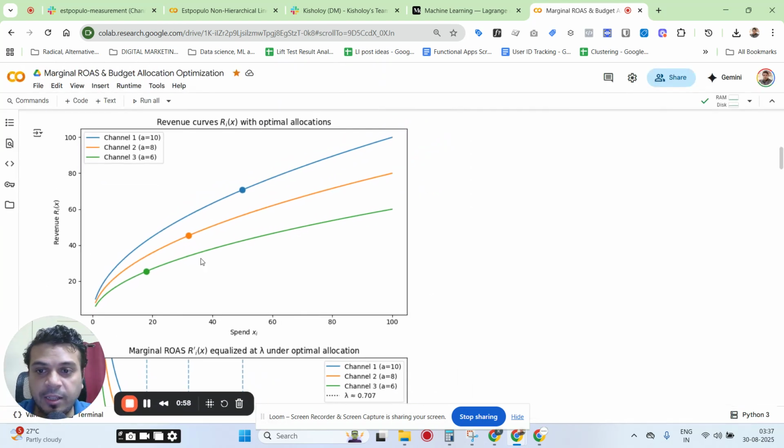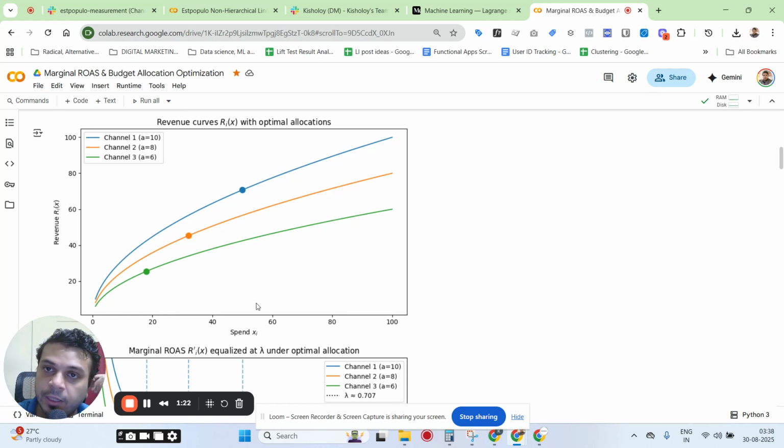So you can see that there are three different channels here, and we can basically conceptualize them as having different coefficients and different ROAS. But the most important point is that irrespective of what their overall average ROAS is, it's important at what point the allocation of budget becomes optimal.